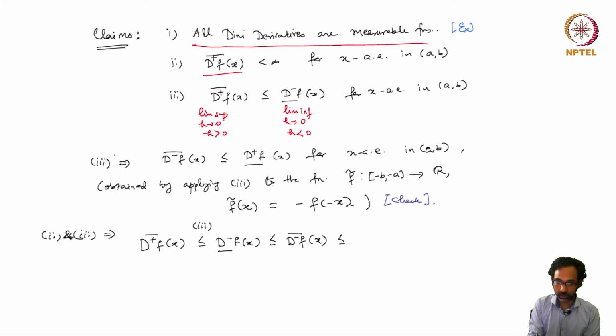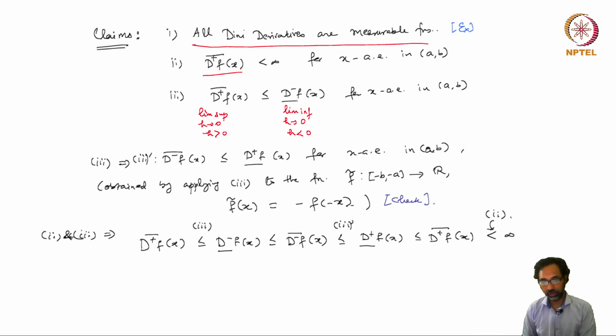So let me call this 3 prime. So by 3 prime, this is less than or equal to the D plus f lower bar, and this is again less than or equal to the D plus f upper bar of x, and this is finite by the second part.